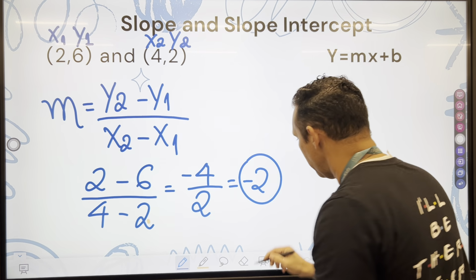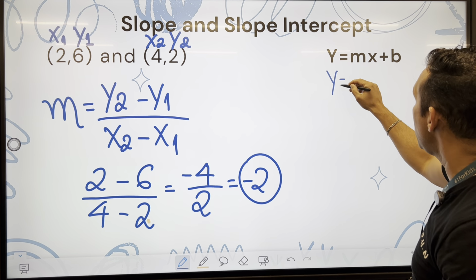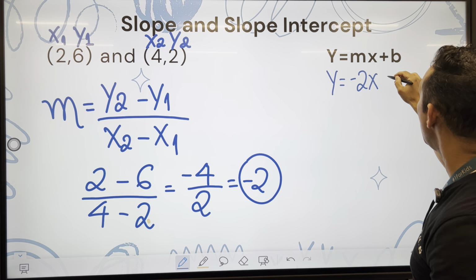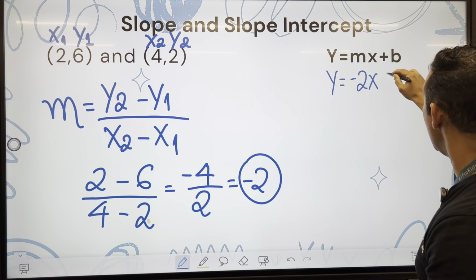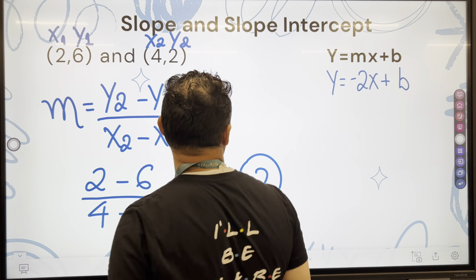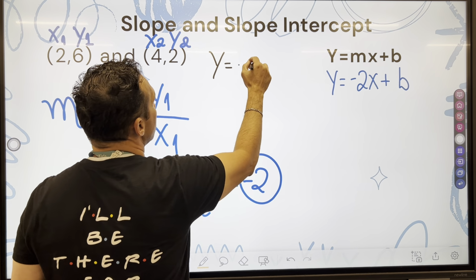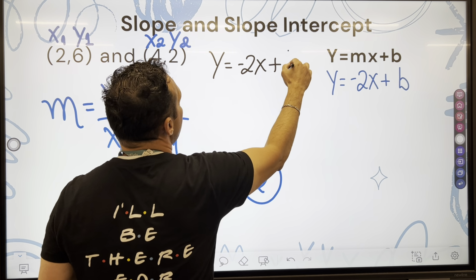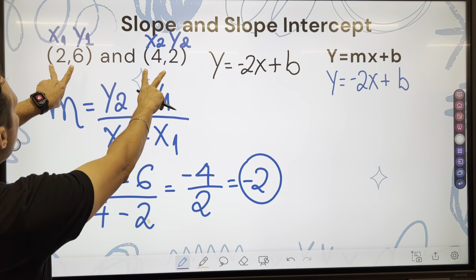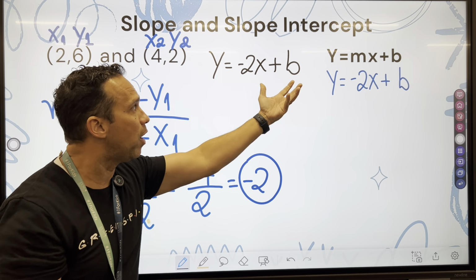So then we have the equation y equals negative 2x plus b. But we don't know what b is. So what we do is we take this equation, y equals negative 2x plus b, then we pick one of the 2 points, we plug in the y and the x in there, and then we find b.